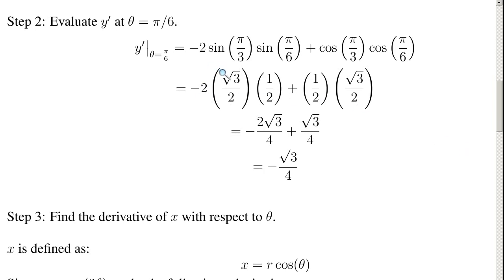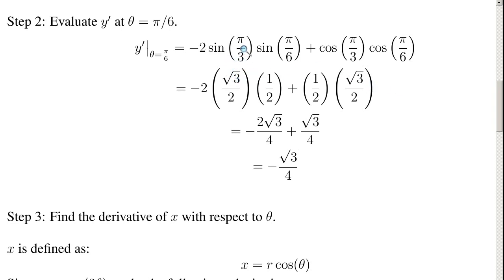And then we evaluate each of these entities. Sine pi over 3 is root 3 over 2. Sine pi over 6 is 1/2. Cos pi over 3 is 1/2. Cos pi over 6 is root 3 over 2. If you're having trouble evaluating any of these, you could punch them in your calculator, or you could just memorize your simple triangles.